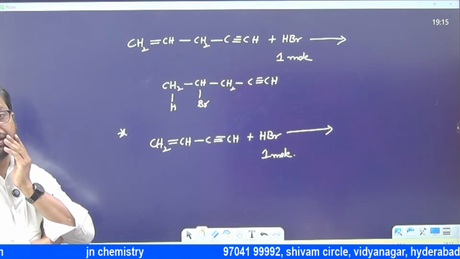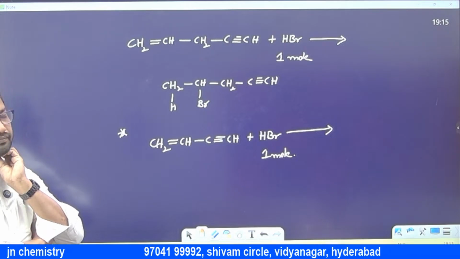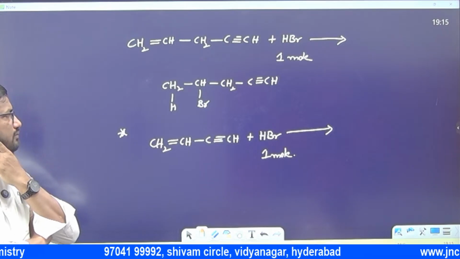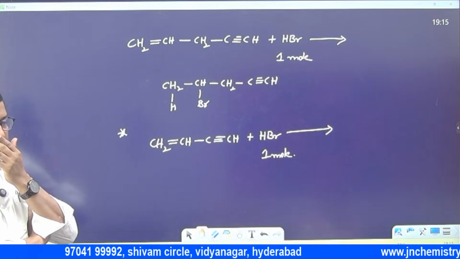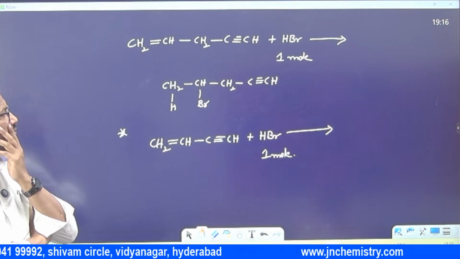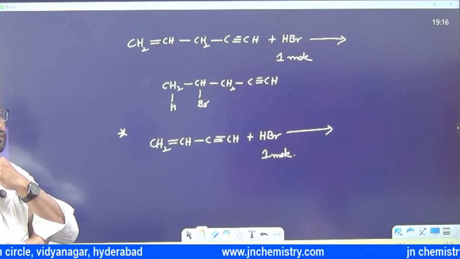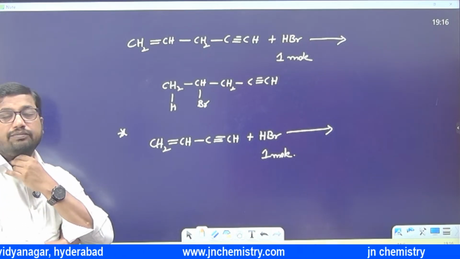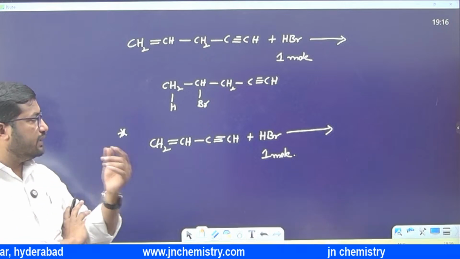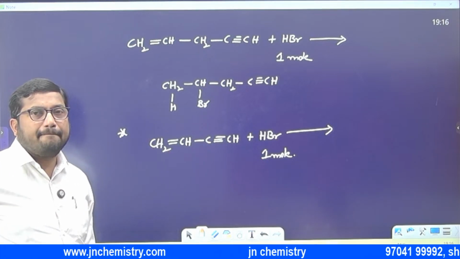If it attacks at the alkyne, where will this HBr attack? Here or here? Double bond or triple bond?